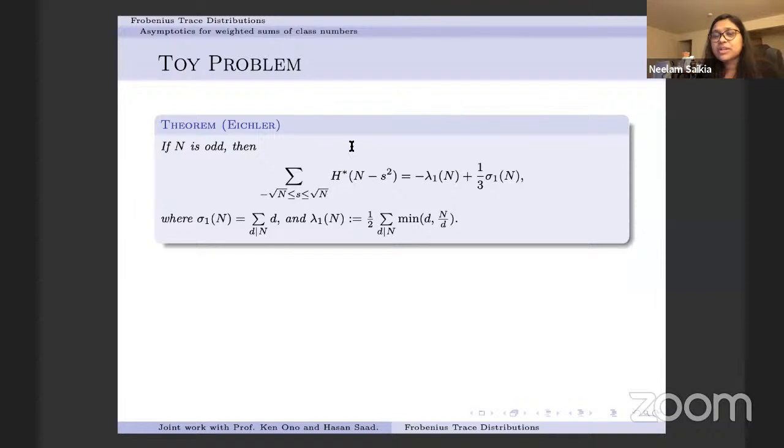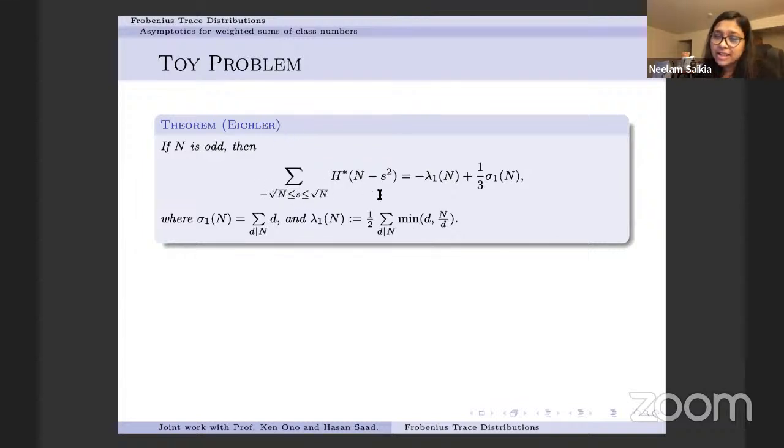Here we will recall one famous theorem by Eichler. He considered this sum of class numbers, where the sum runs over numbers s with absolute value less than or equal to square root of n.